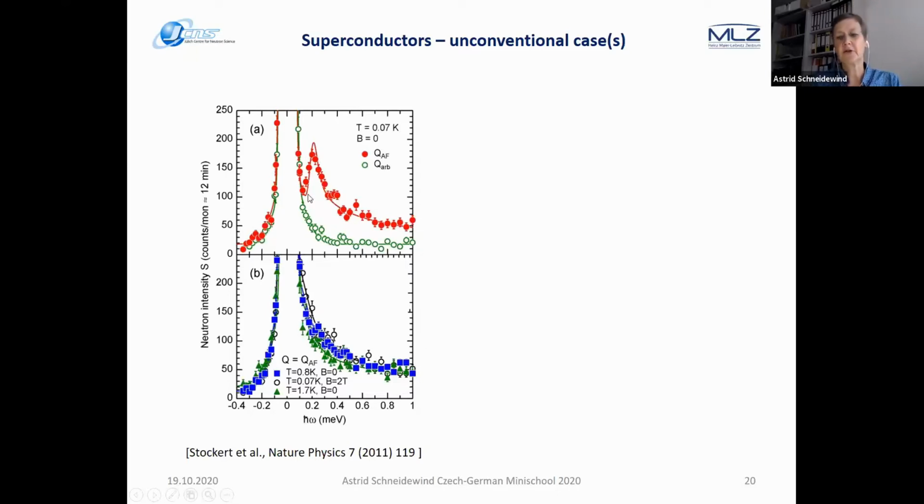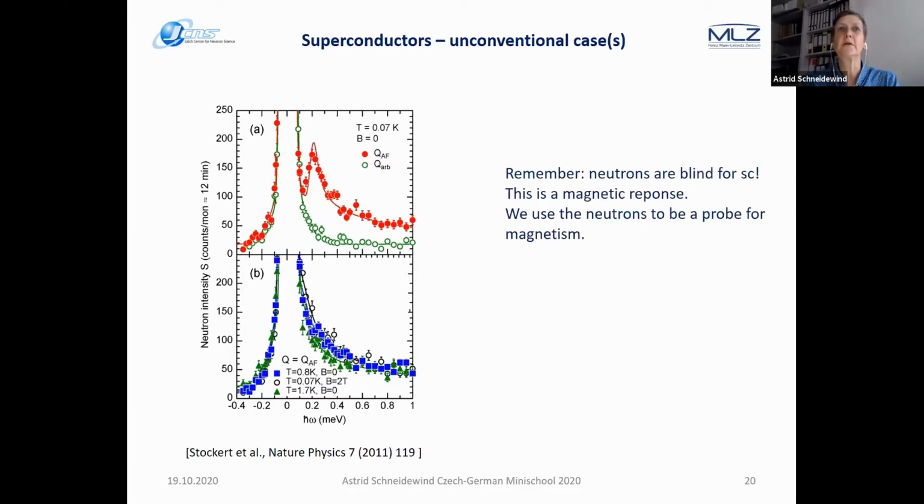This is a feature which occurs in all these superconductors, for sure at different temperatures related to the superconducting transition temperature. But again, we are blind for superconductivity. What we see with neutrons is the magnetic response. So we have a probe now to see a magnetic signal.